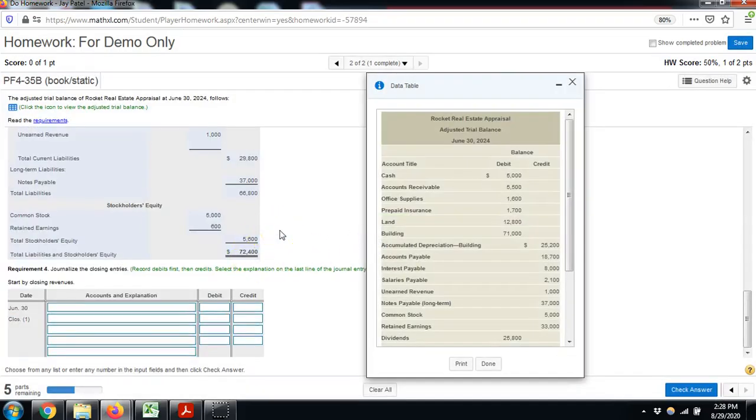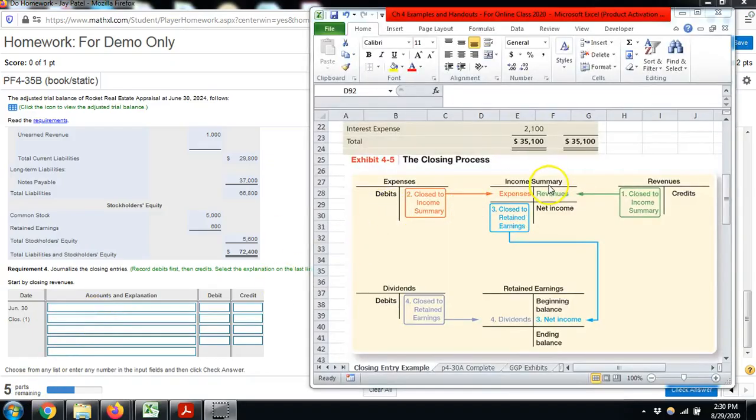Okay, so now we have our closing entries. And so again, I'm going to reference this diagram here that shows all the steps for closing. So we're going to first close revenues to income summary. So we have to take our credit balance for revenues and zero it out by debiting it and moving that revenue to this income summary.